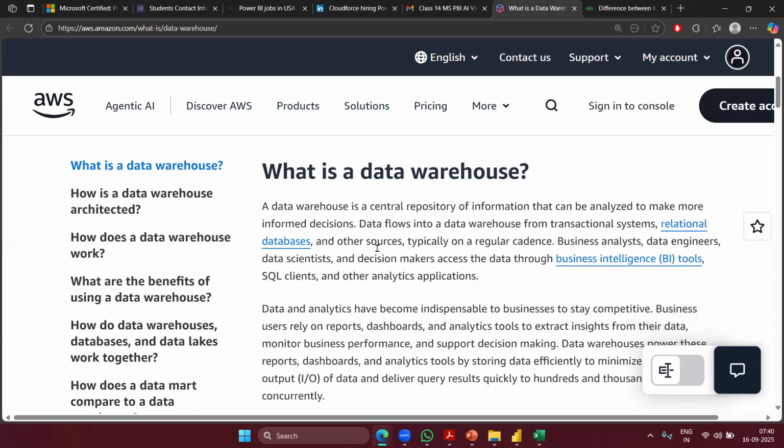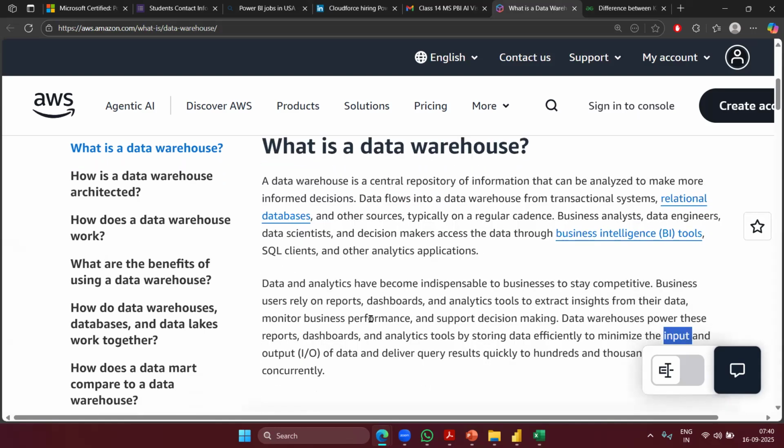Whatever we discussed just now is in two paragraphs, and I want you guys to learn this. This is the article from AWS, and I feel this is the best article that clearly puts what a data warehouse means for you.